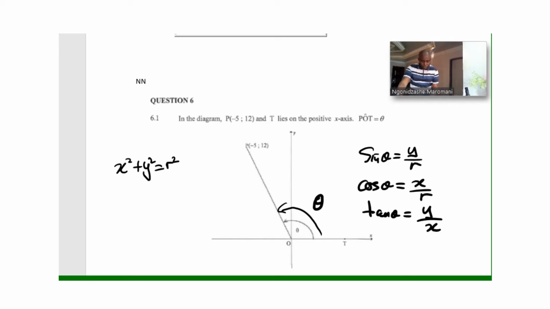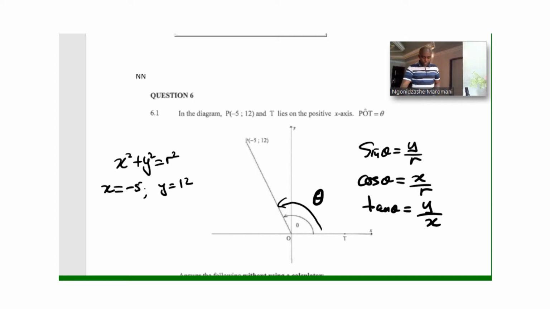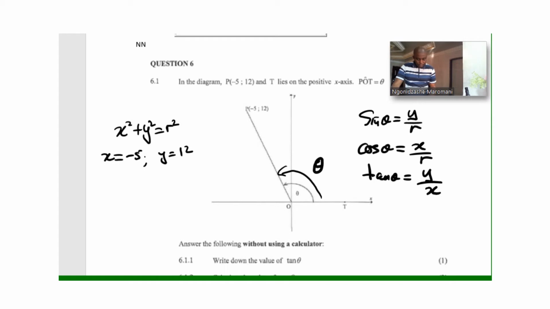So we already know that our x is equal to minus 5 and our y is equal to 12. What we are left with now is to find our r. Here r squared is equal to x squared plus y squared, which is to say r squared equals minus 5 squared plus 12 squared.